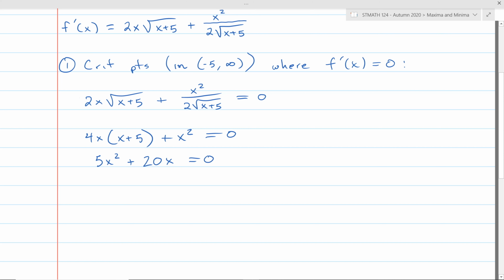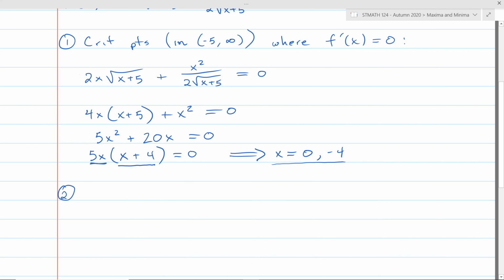And then I could divide through by 5 and factor out an x. So just write it like this, 5x times x plus 4 has to equal 0. So from there, setting the two factors 5x and x plus 4 equal to 0 individually, I would see that x has to be 0 or -4 for those critical points that make the derivative equal to 0.